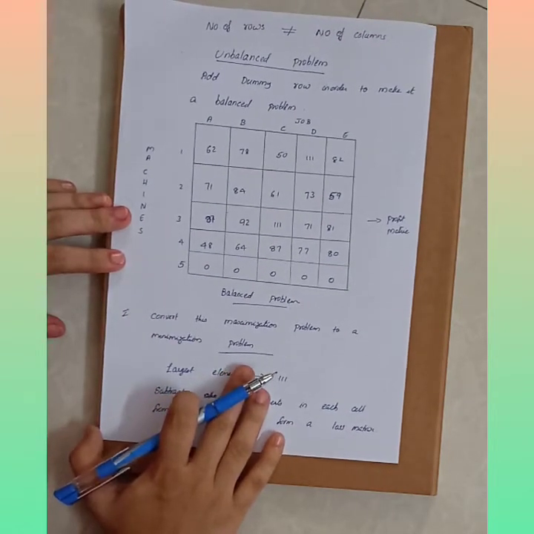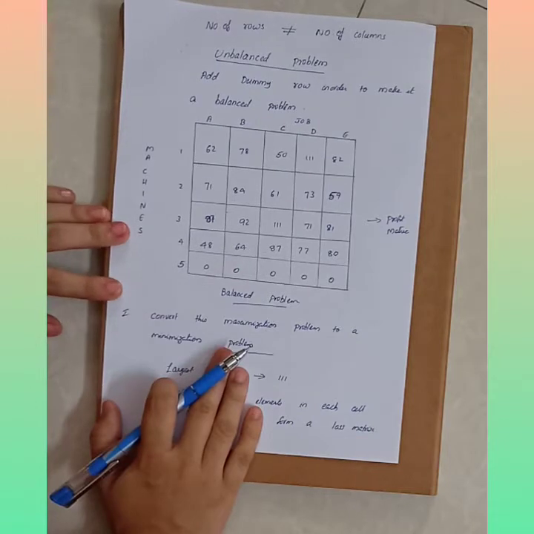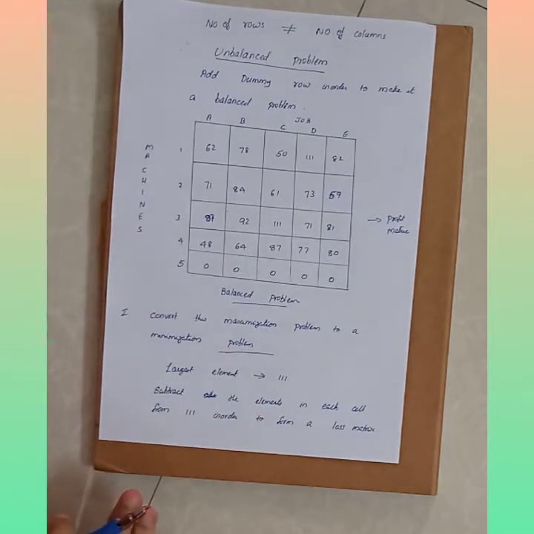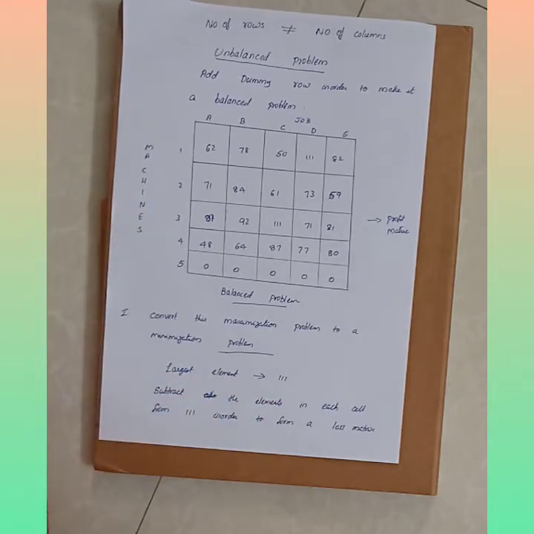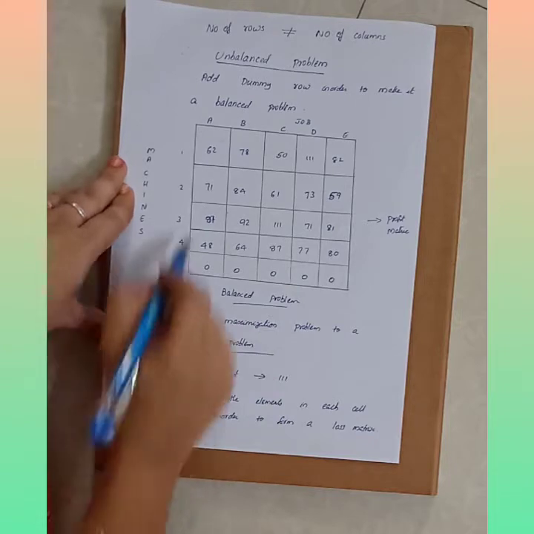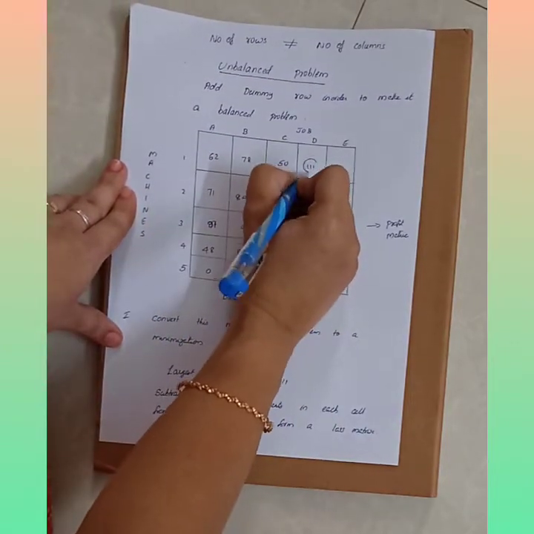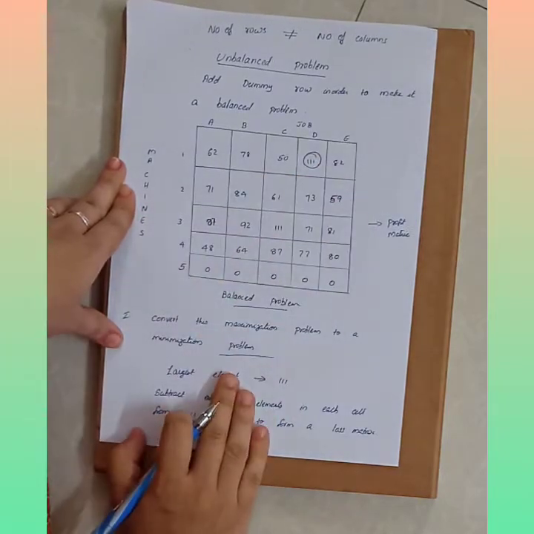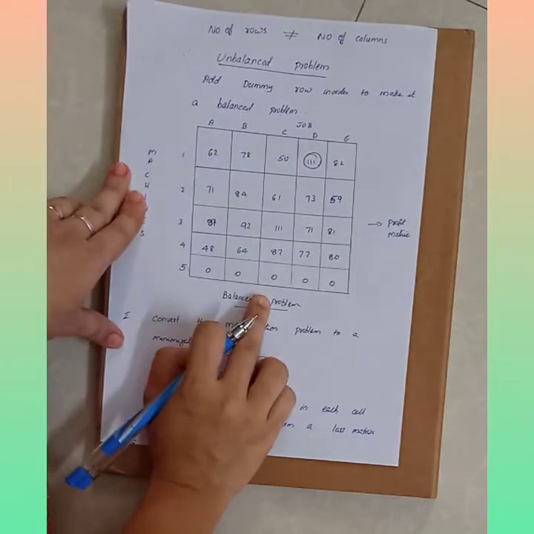Whenever you get a maximization problem, what you need to do first is convert it into a minimization problem. How do we do that? Just like we did in the transportation problem, to convert a maximization problem to a minimization problem, first you need to identify the largest element in the given matrix. Which is the largest element out of all these elements? The largest element is 111, right?